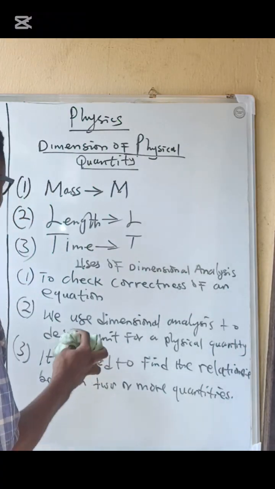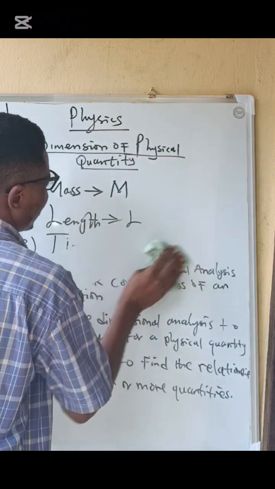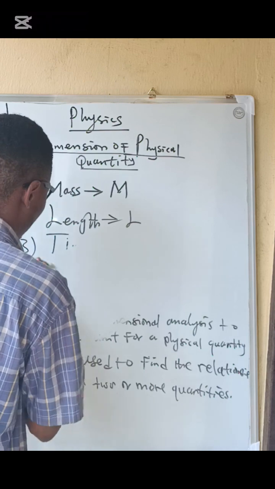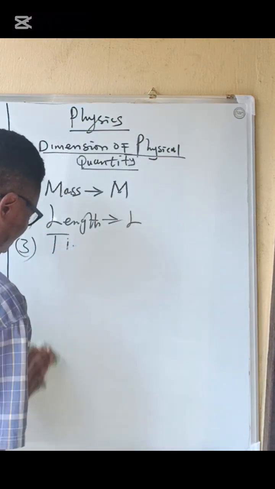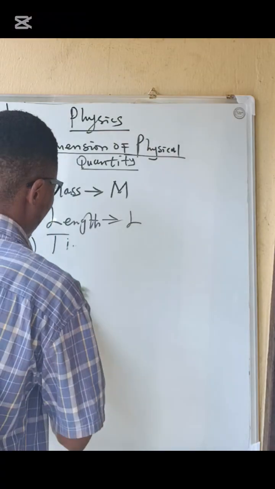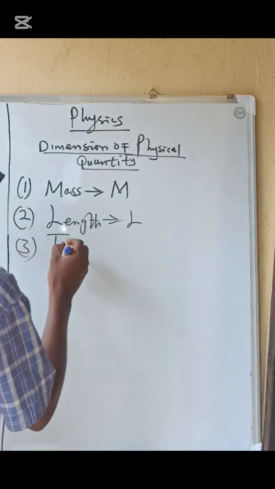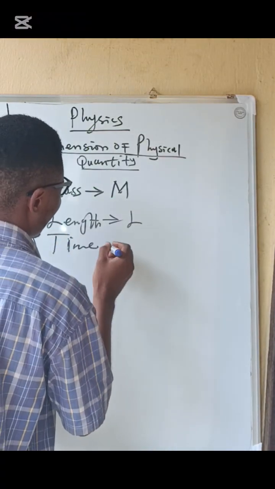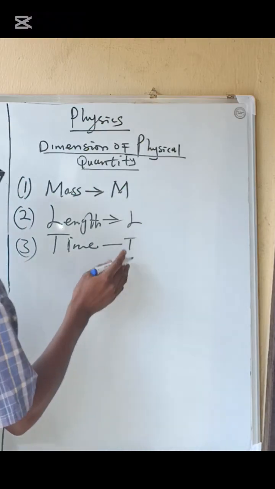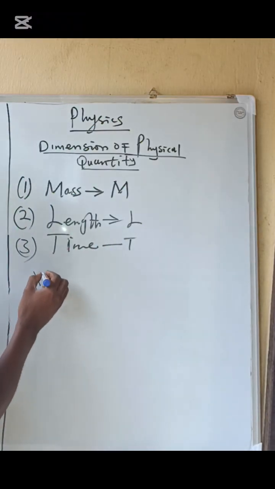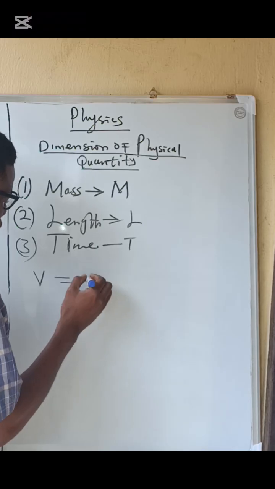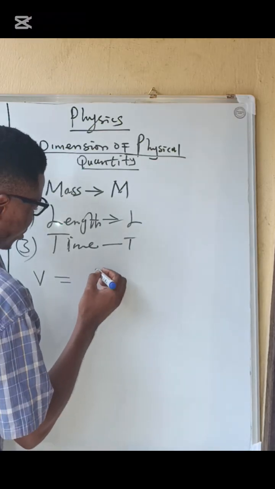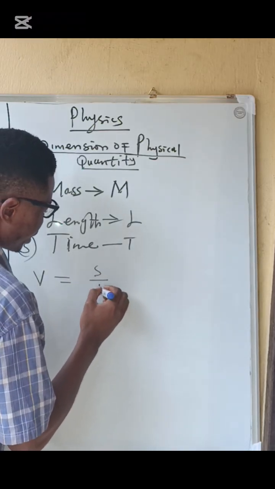So let's see. Remember this is time and it's T. So for example, if you are asked what is the dimension for velocity, velocity is given as displacement over time. That is s divided by t.